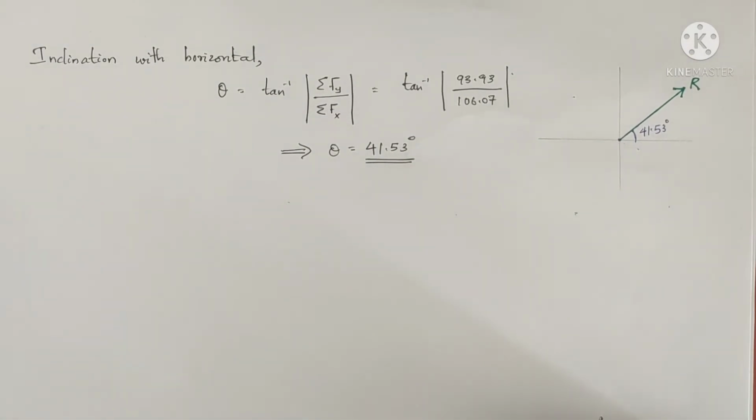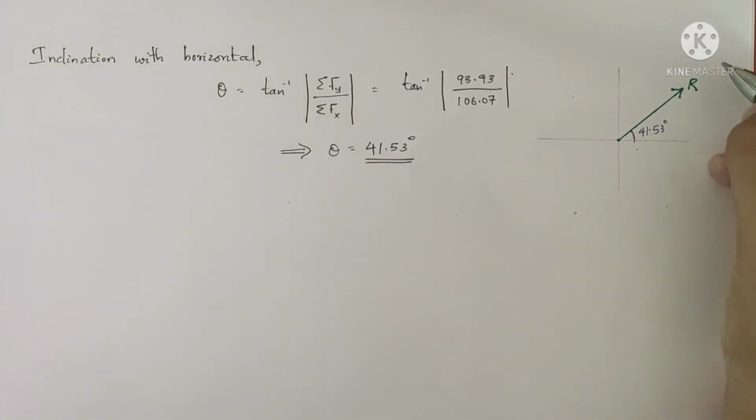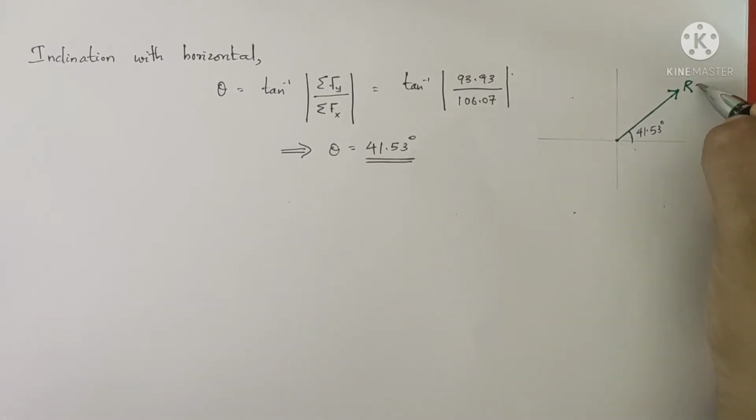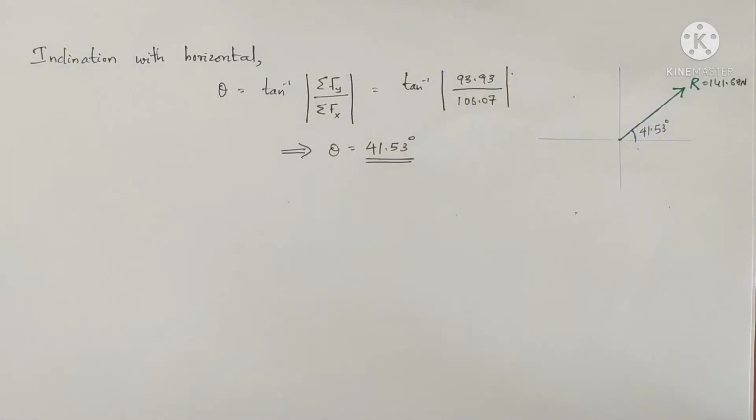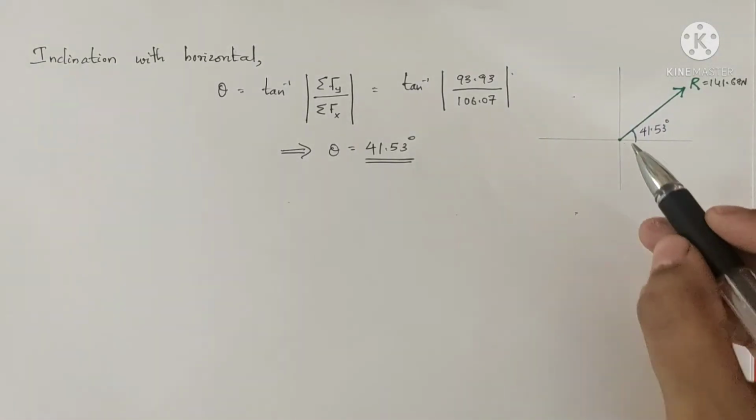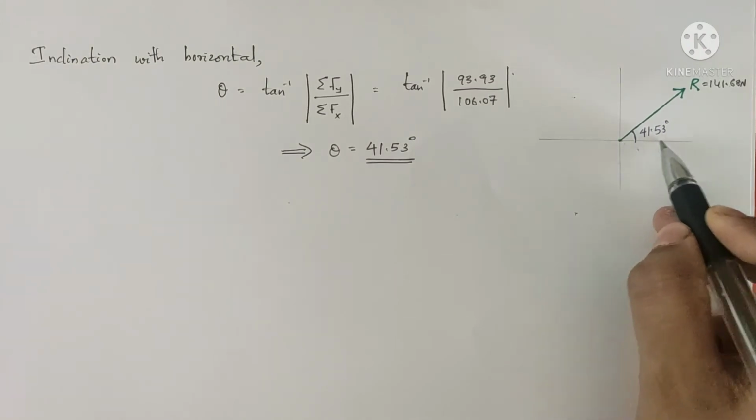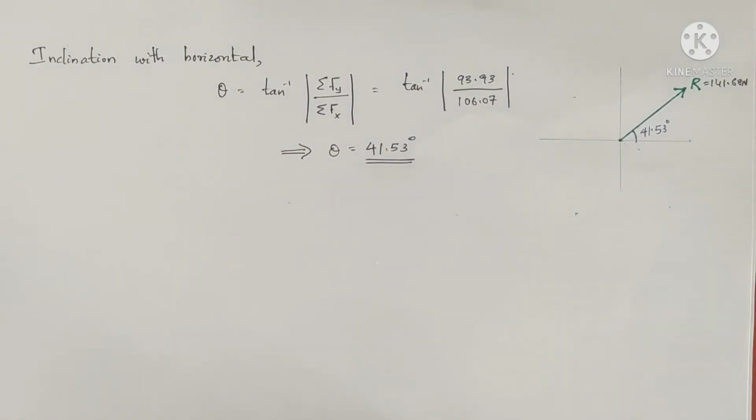That is the inclination of resultant. So the resultant is 141.68 Newton, and the angle of inclination of the resultant with the horizontal is 41.53. Until now, we have found the magnitude of resultant and direction of resultant.